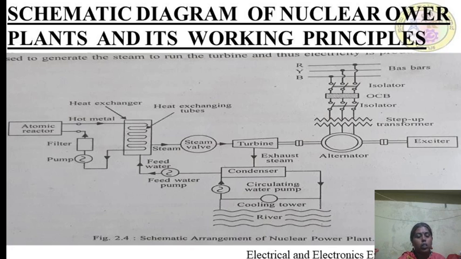During nuclear fission, a large amount of fast moving energy is generated in the atomic reactor. It is connected to the heat exchanger, in which the heat from the reactor is transferred to the substance through the heat exchanger tubes.